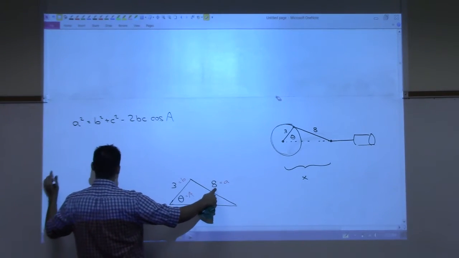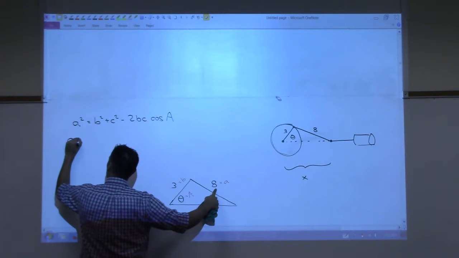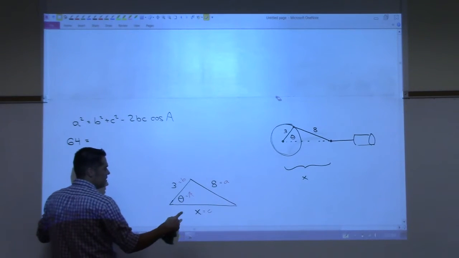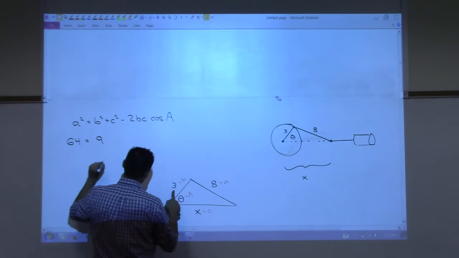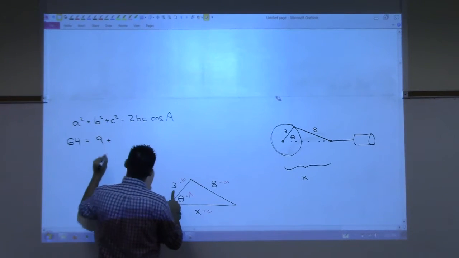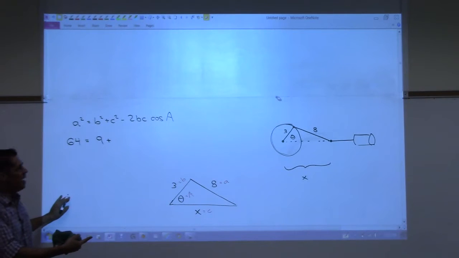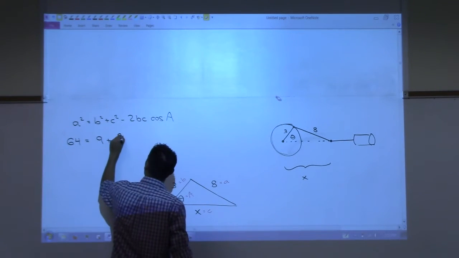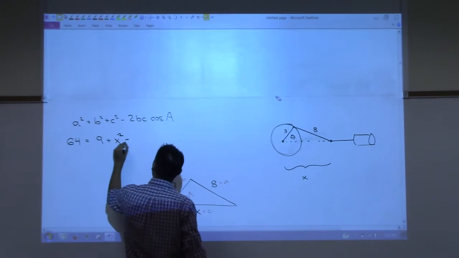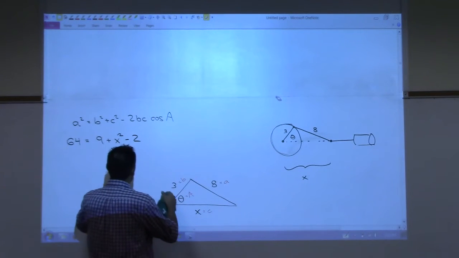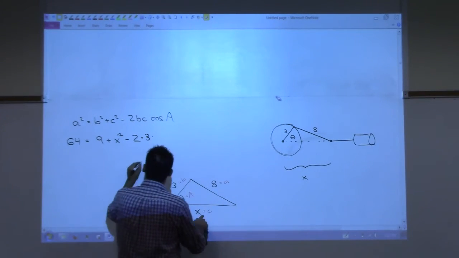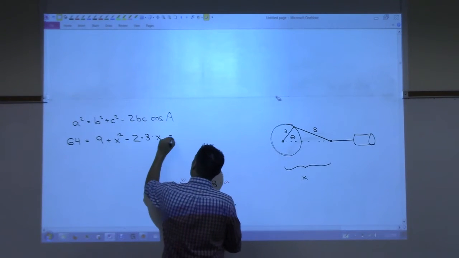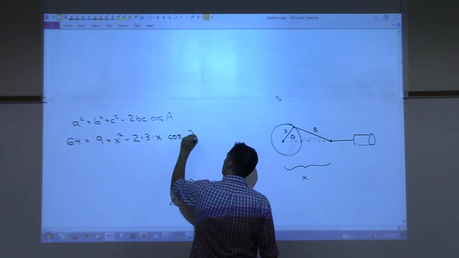A squared, which is 64, equals B squared. What's B squared? 9, right? Plus C squared, but what's C? X, so I'm going to put X squared minus 2 times B, which is 3, times C, which is X, times cosine of theta.